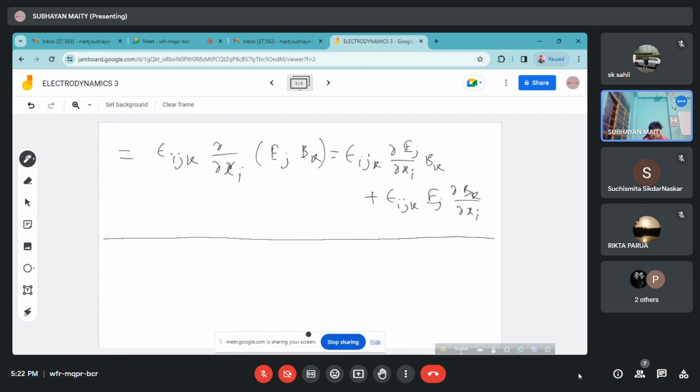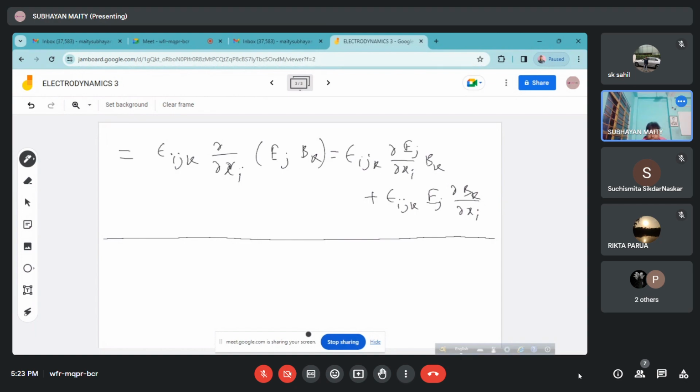Okay, now try to manipulate this Levi-Civita function. You know the Levi-Civita function is an odd tensor, because epsilon ijk is equal to minus epsilon jik.